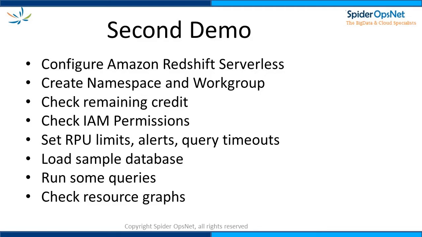Then I will load a sample database provided by AWS, run a sample query, check the cost, and also show the usage graphs. Total cost for the demo is less than $5 and is covered by the $300 credit. So go ahead and practice the demo to become familiar with Redshift Serverless. My narration may not be very good with the demo, but please bear with me on that.